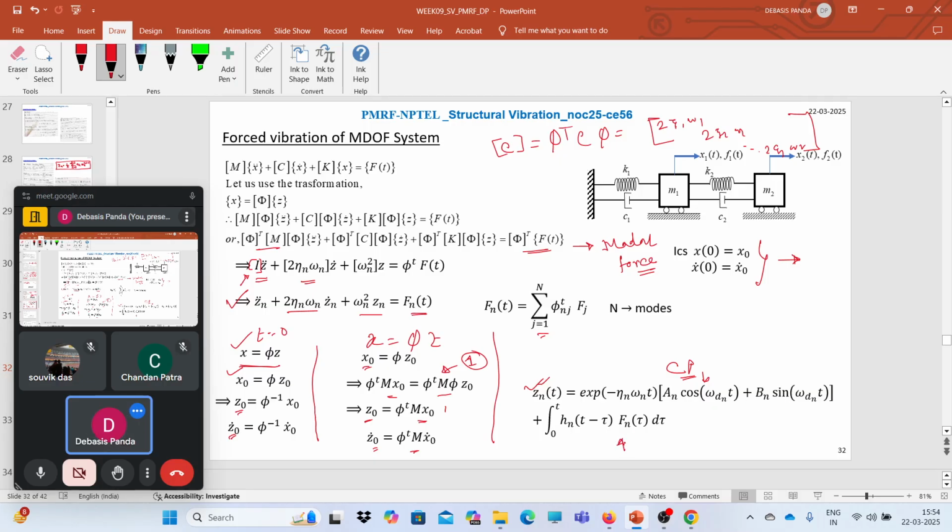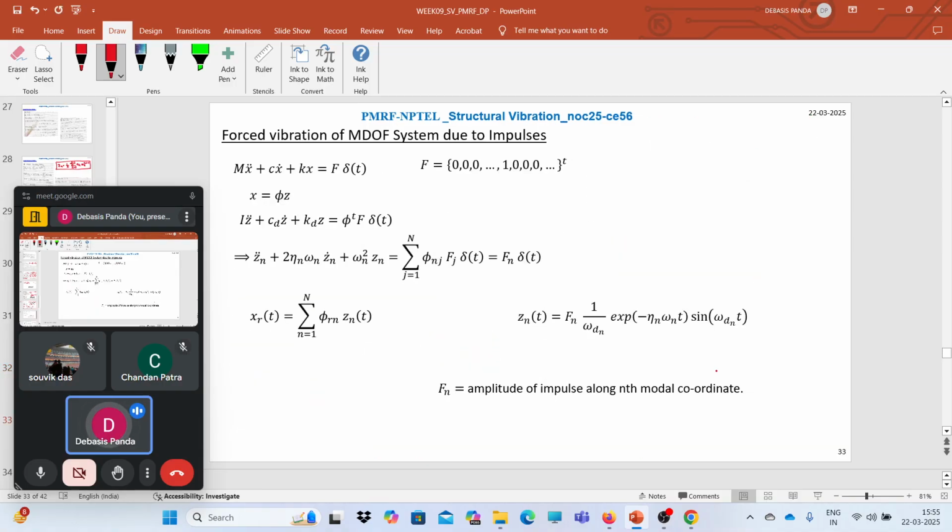And this is the particular integral part. It's nothing but the impulse response function and the forcing function, from the Duhamel integral, which we have already solved. So once we have all this information, we can easily calculate the modal responses and the physical responses.